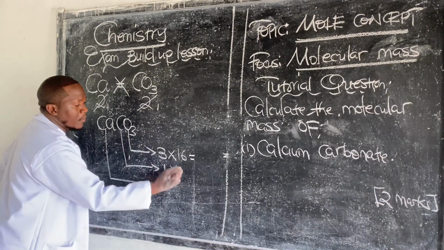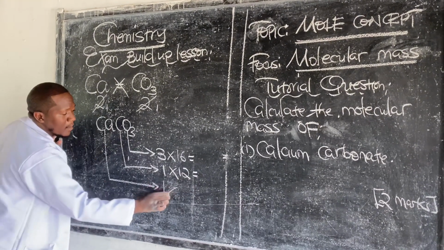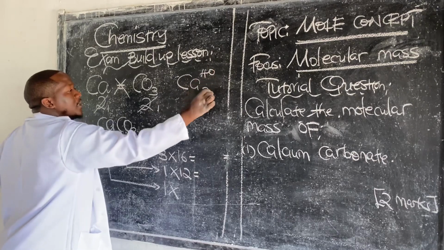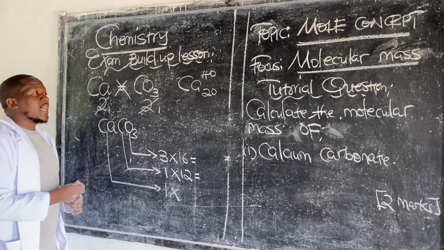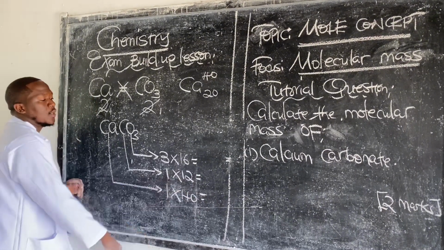So this one is going to be 1 times 12, and then this one is calcium, so 1 multiplied by calcium on the periodic table, which has the mass number of 40 together with 20 electrons. So we're going to take the 40 and then we're going to evaluate.